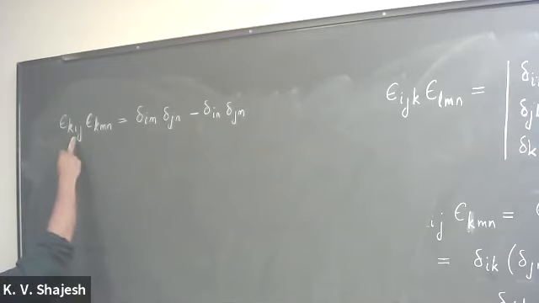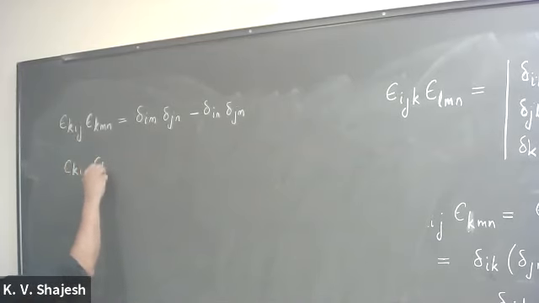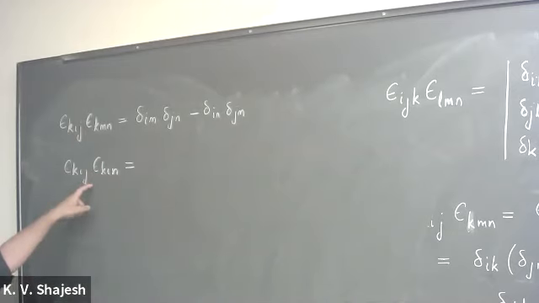So let me set i equal to m, right? So this is delta k i j and k i n. How many free indices? 2 free indices and 2 dummy variables. So this will be a 2nd rank tensor.